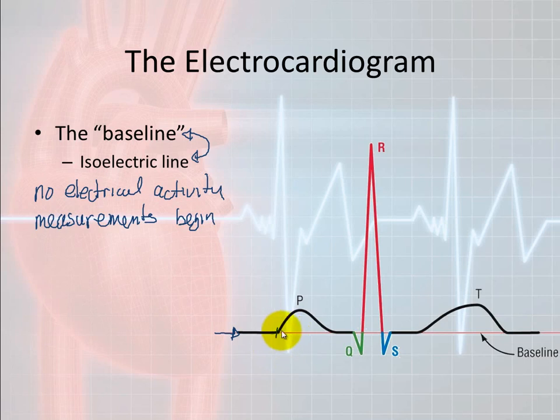It'll tell us time this way, or it'll tell us distance this way, and this is where we start off with everything. If we want to find out how many millimeters up the QRS complex goes, we start at baseline. If we want to find out how far the P wave travels and what time frame, we use baseline, and we start right here at the first deflection away from baseline.